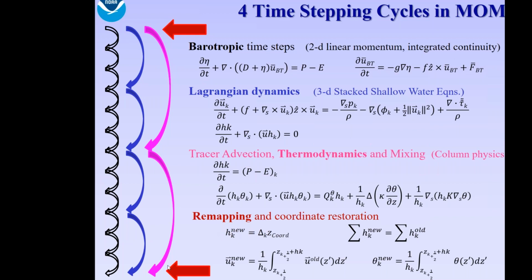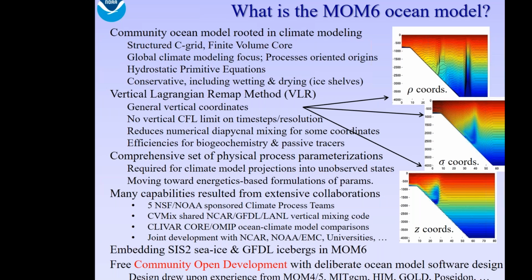And this is something that you can think of as essentially a discrete step where you've allowed the motions to carry around the interfaces, and then we will periodically remap them back towards whatever our definition of our vertical coordinate is.